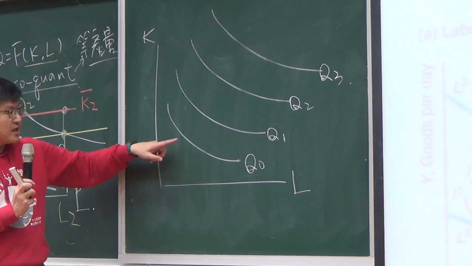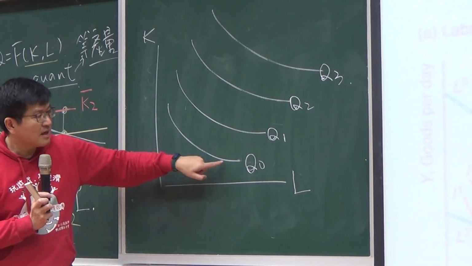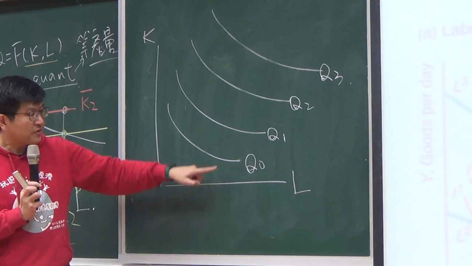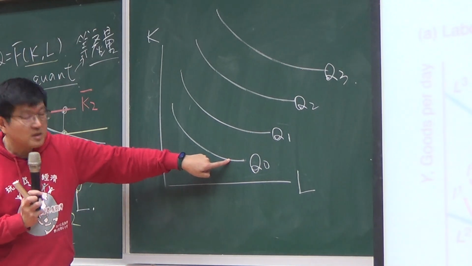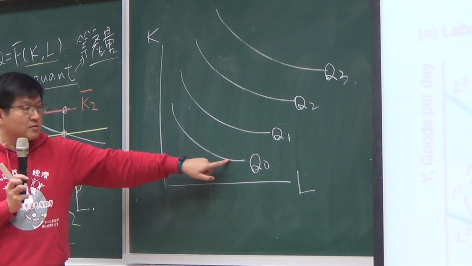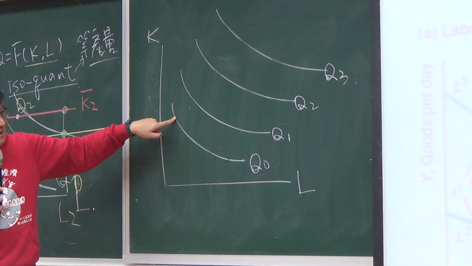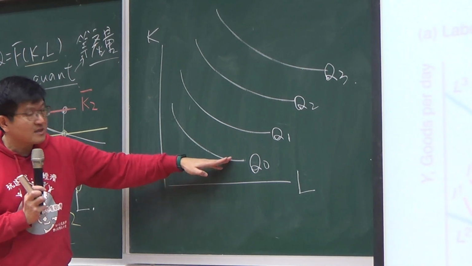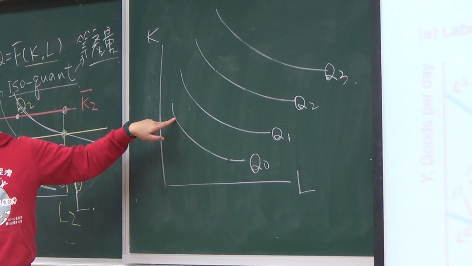For each isoquant, there are a lot of combinations of labor and capital. With this combination, many labor, few capital, or few labor and a lot of capital. So we may call this labor intensive. We may call this capital intensive, right?